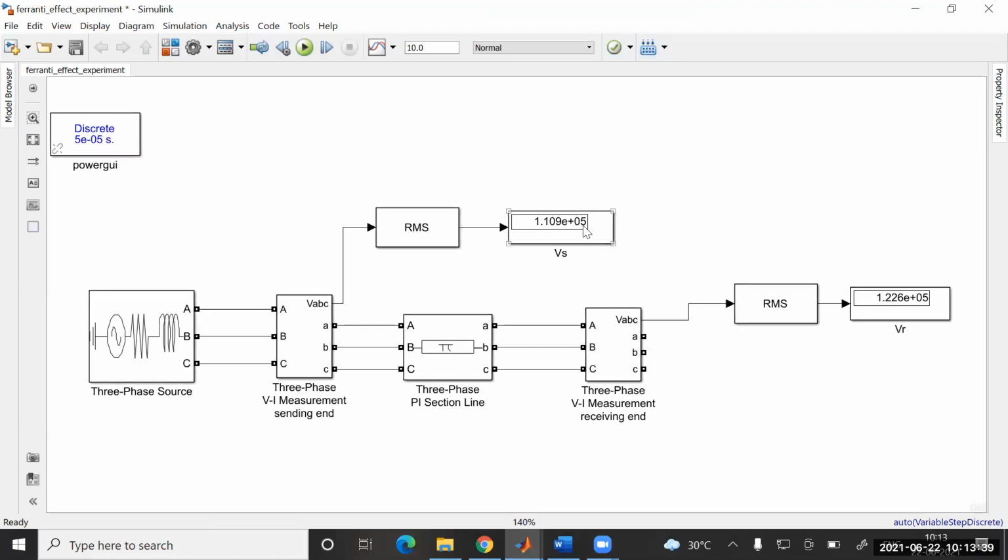See, this is your sending end voltage and this is your receiving end voltage. As we have studied, this occurs in your medium transmission line, and it's very frequent in a transmission line when there are no load conditions and so on. That particular segment we have seen. Now let's move ahead.